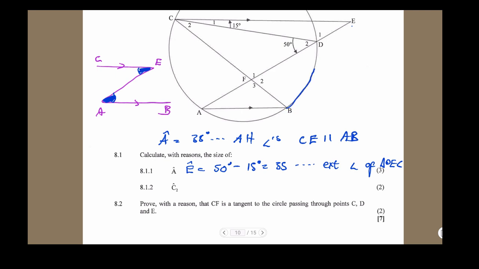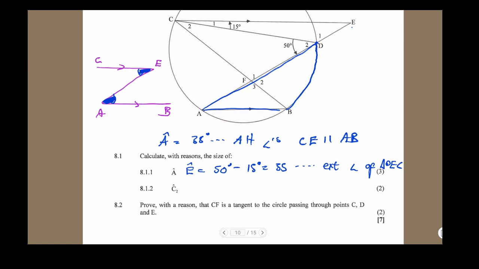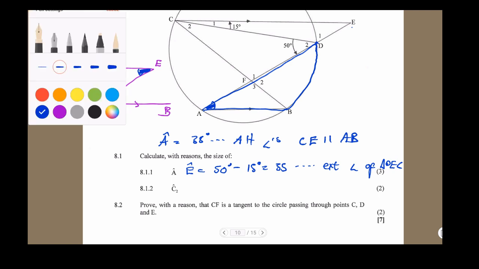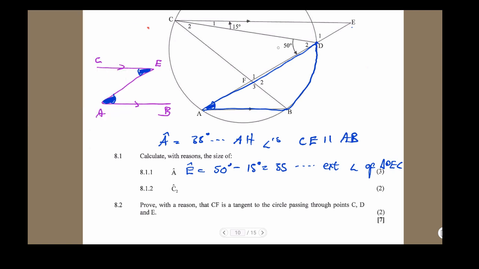This segment produces this angle here, which is angle A, and also produces this angle here, which is angle C2. So what can you conclude? Therefore A1 and C2 are the same.